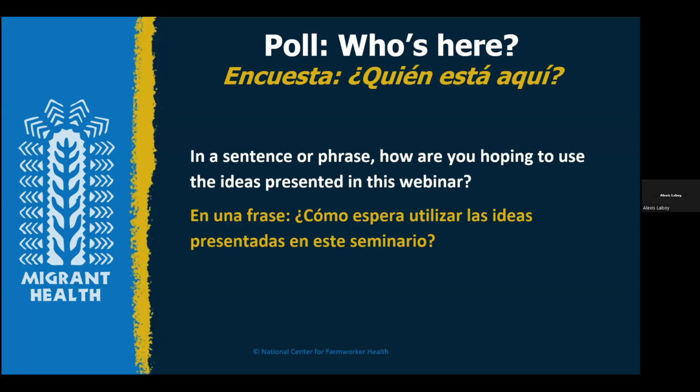En una frase, cómo es para utilizar las ideas presentadas en este seminario. You will have an opportunity to type a phrase or a sentence and share that with us. And then after you answer that question, we're going to share a little bit of your answers. But you should receive, very good, we're starting to get answers, great.